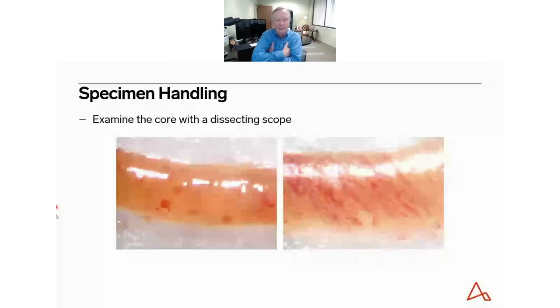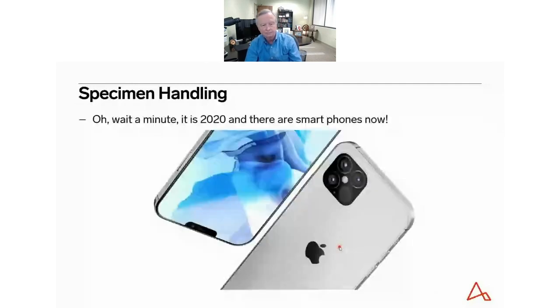What should be done is somebody should be looking at the core with a dissecting scope, or I'll show you in a minute another way to do it. The dissecting scope will reveal superficial glomeruli in the cortex and bloody lines in the medulla. So in a full-length biopsy, you'll see cortex over here, maybe 80 to 90% of it, and a little bit of medulla. That would be ideal.